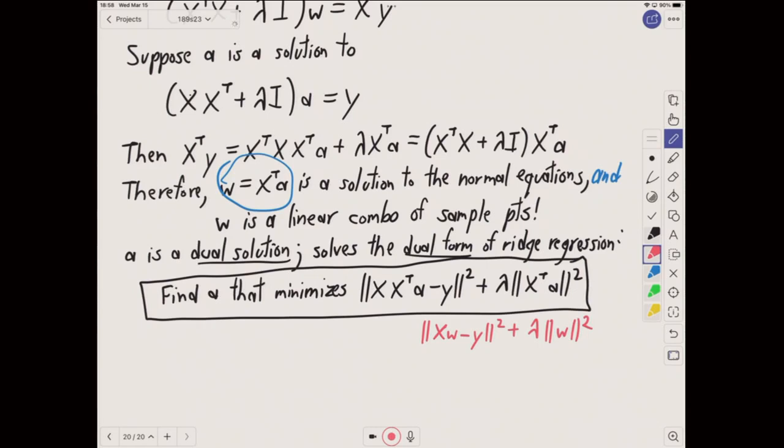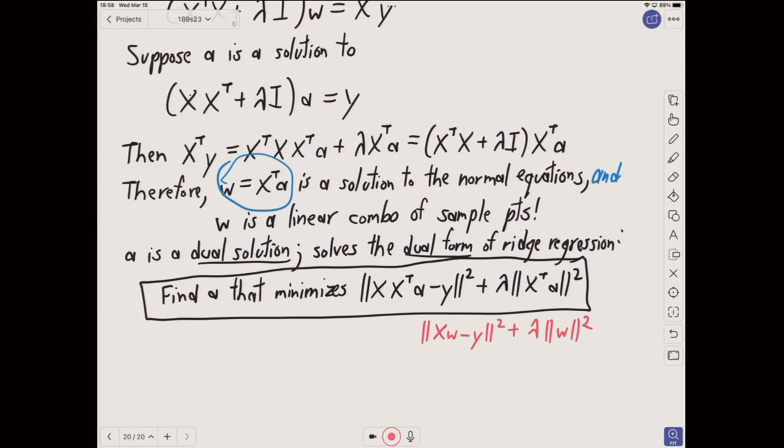And so if you simply substitute w equals X transpose a into there and there, well, you get this. So that's the mathematical connection between the primal problem and the dual problem.